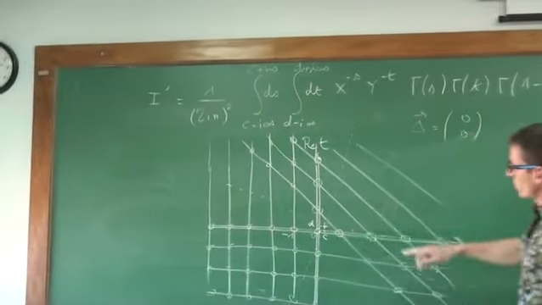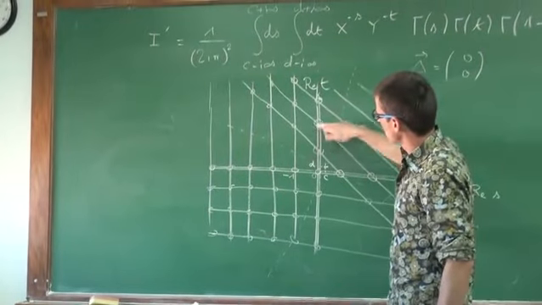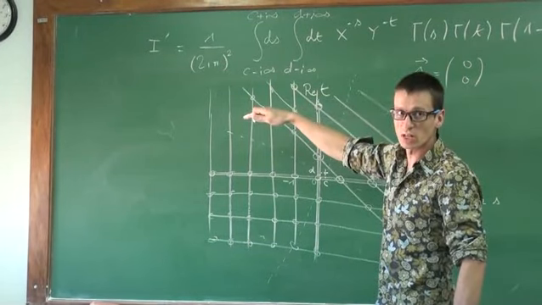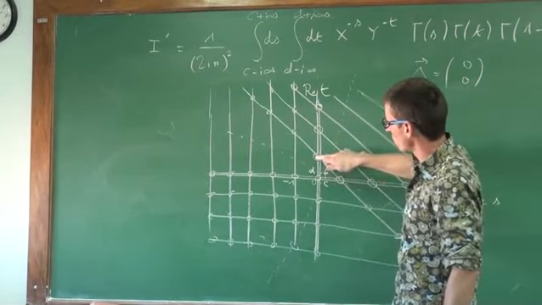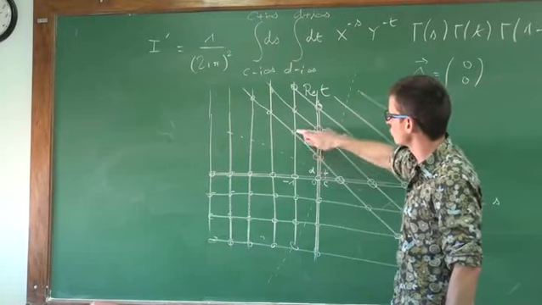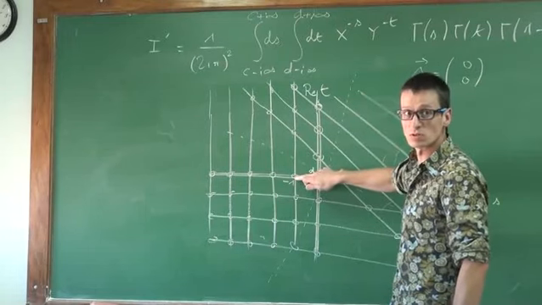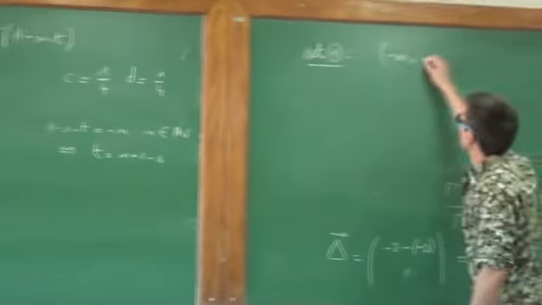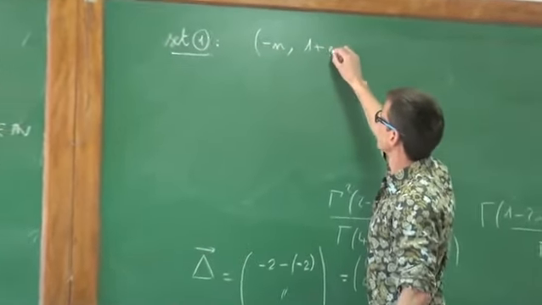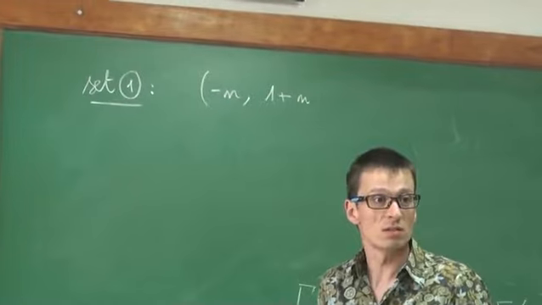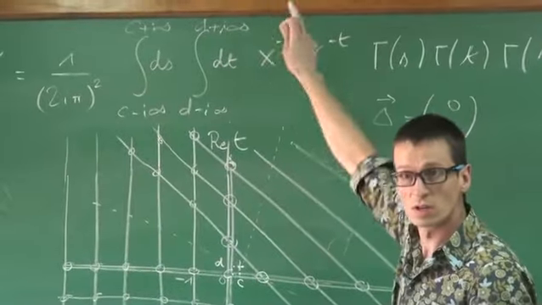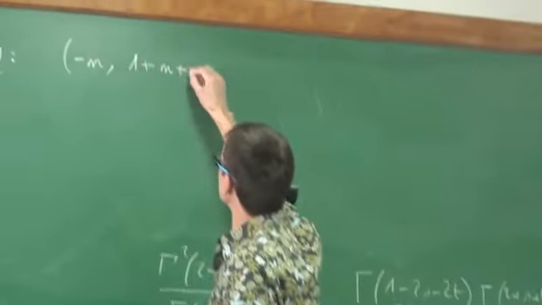Now, for the y coordinate, it begins at 1 for s equal to 0, at 2 for s equal to -1. So you need 1 plus n plus something, because you have an infinite number of points for each abscissa.